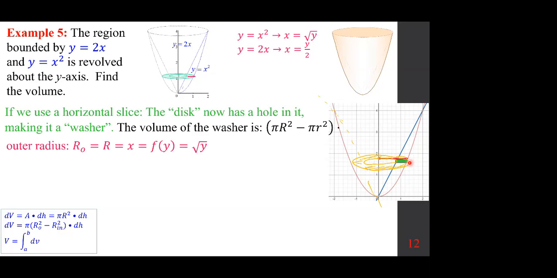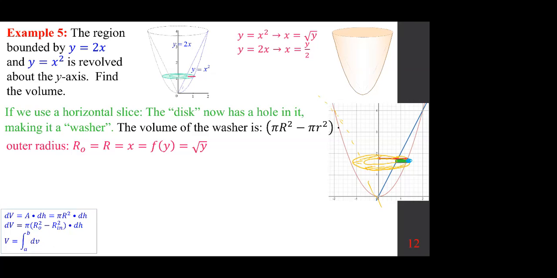From here, look at this point, everybody. The outer point of that green strip. So from there to there, it's the x coordinate of the point on the graph of the curve.